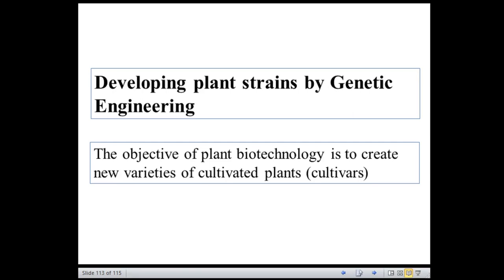Okay, so genes that confer resistance to, say for example, insects, viruses, herbicides, or even non-biological factors, that is environmental stress and senescence, have been incorporated into various plants.